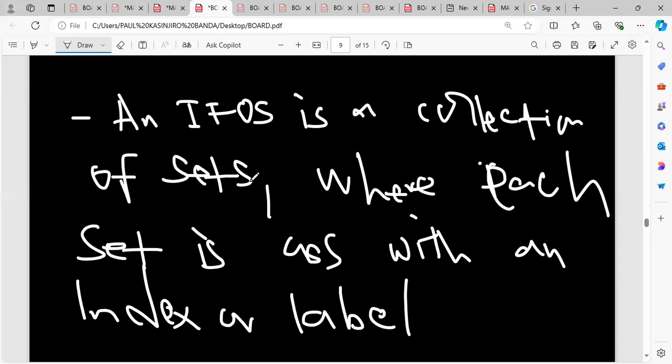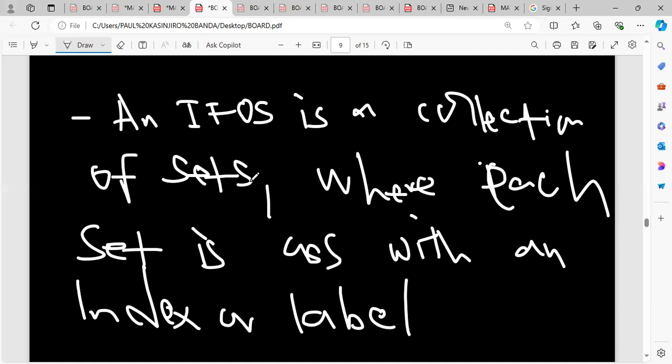That's what we mean: a collection of sets where each set is associated with an index or a label. To identify a certain set, we have to know its label, just as to identify a certain student in the university setup, we have to know their student number. That student number is the index or the label for that student.